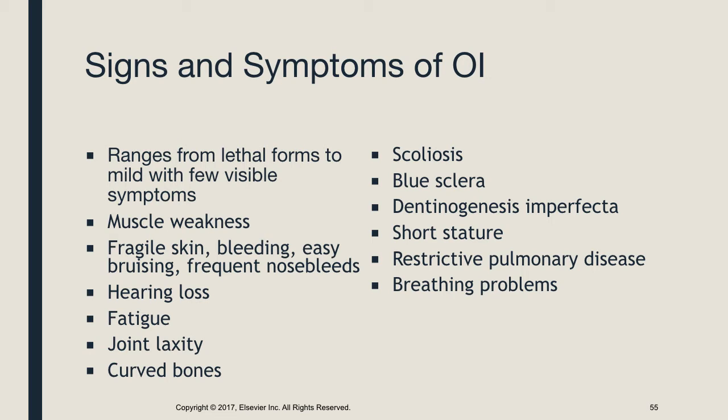I took care of a baby when I was living in Canada, and that baby's mother had osteogenesis imperfecta. She was told that she should not have become pregnant because she had such a restrictive pulmonary disease, as there wasn't much room for her ribs to expand.